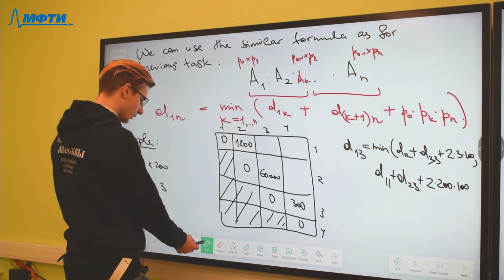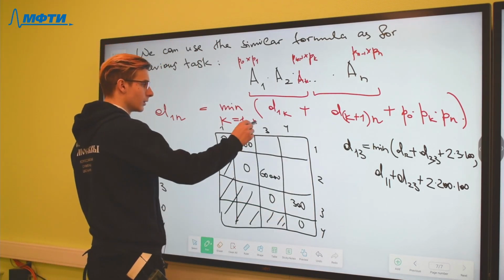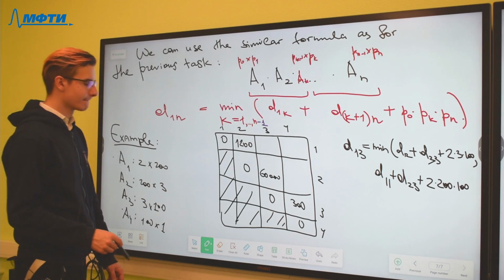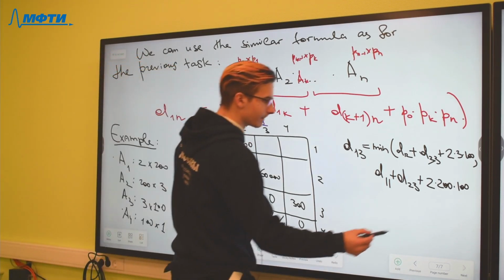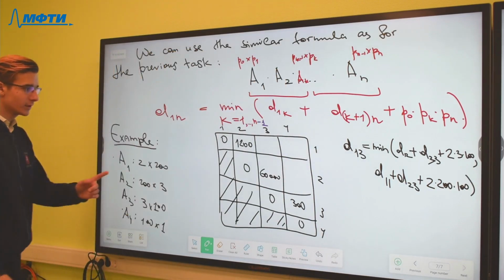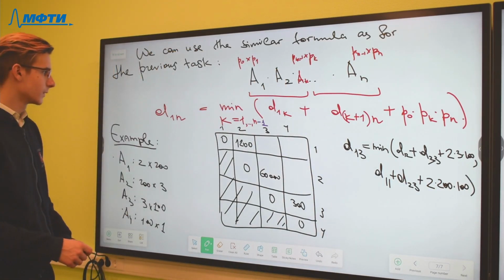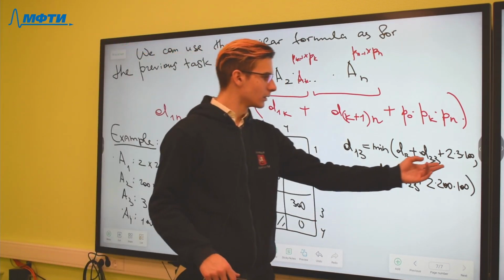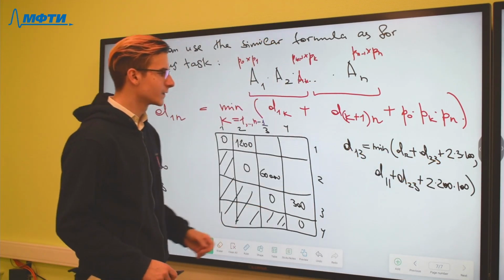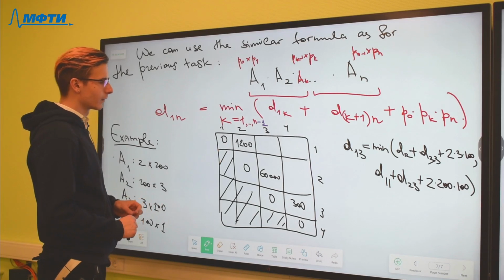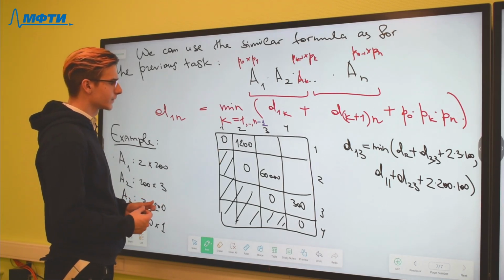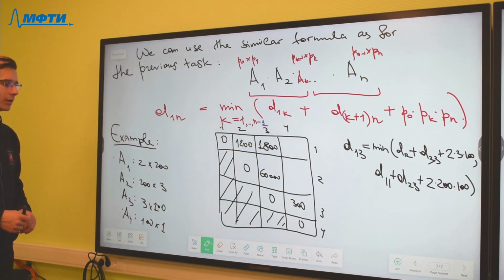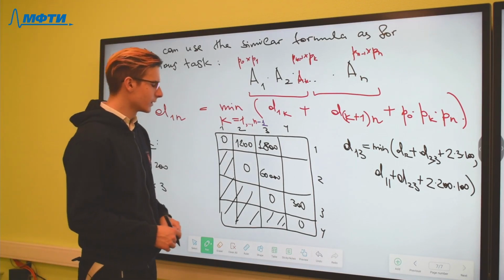I think here -1. Yes. So we found the minimum of this summary, and we see that the minimum, if we add this multiplication to this number, is equal to 108 or 1,800.